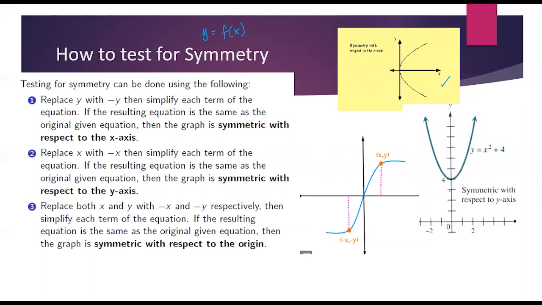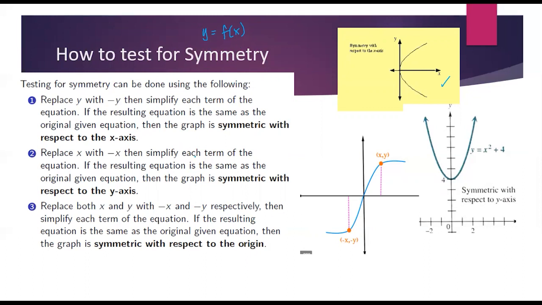And then if we're going to check if the graph is symmetric with respect to the origin, we're going to replace x and y with negative x and negative y respectively.